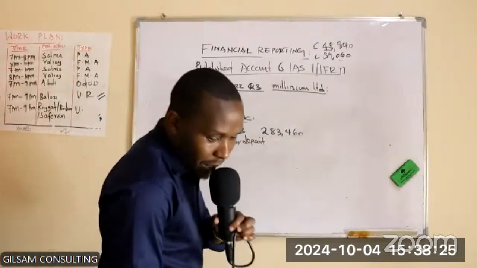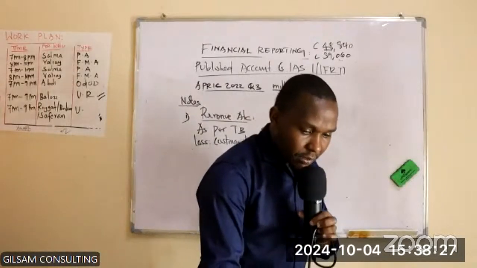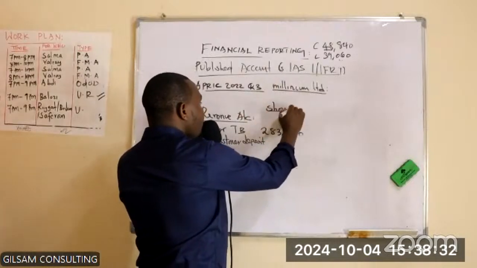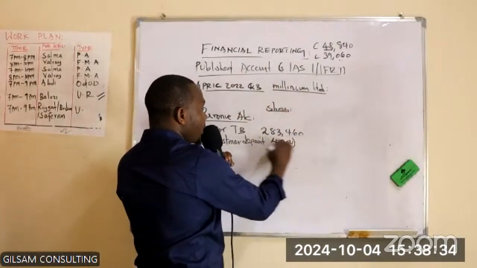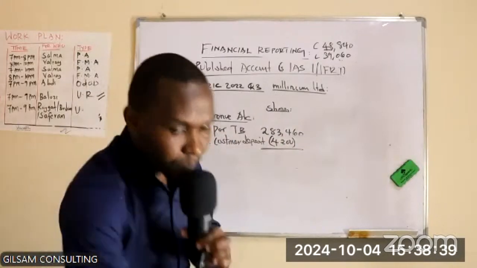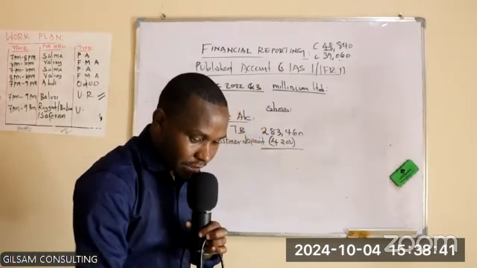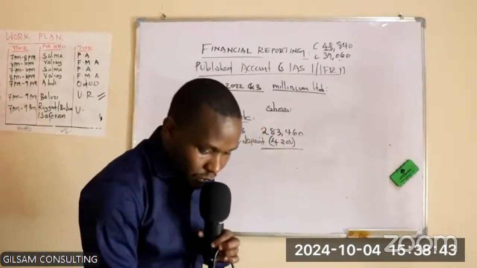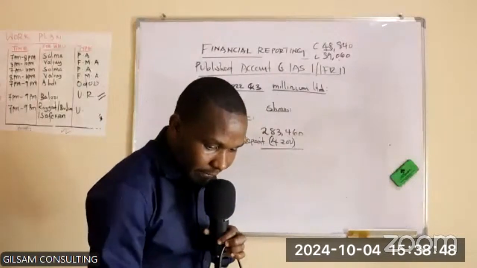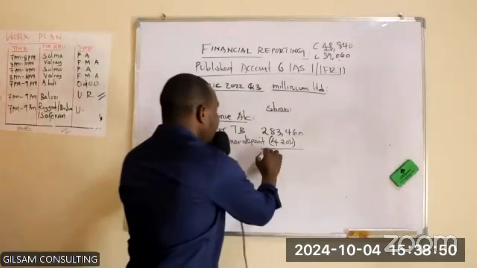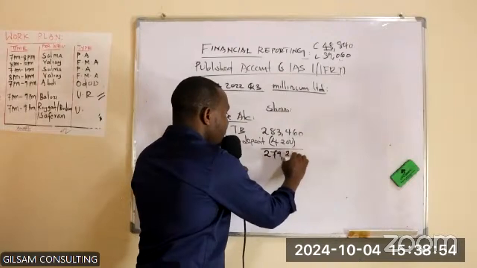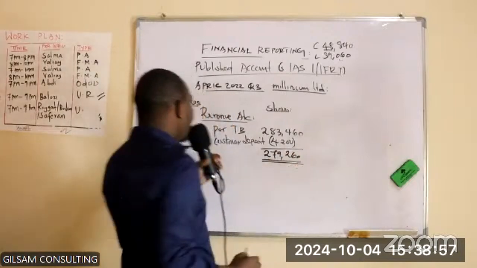Go to note number 1, customers' deposits of 4.2 million. Remember we have 3 zeros here, so I will subtract 4,200 to arrive at the adjusted revenue. Take your calculator. 283,486 minus 4,200. We are getting 279,260. So that is note number 1.